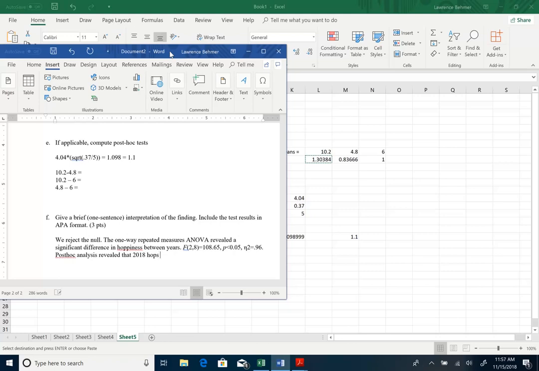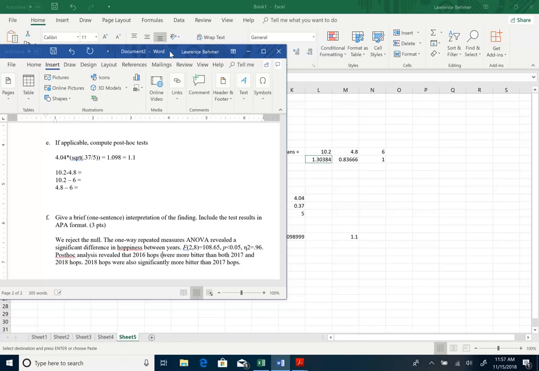The 2018 hops were more bitter than both 2017 and, I know it's the 2016 hops. 2016 hops were more bitter than both 2017 and 2018 hops. 2018 hops were also significantly more bitter than 2017 hops. Okay, and now I can insert my means and standard deviation.